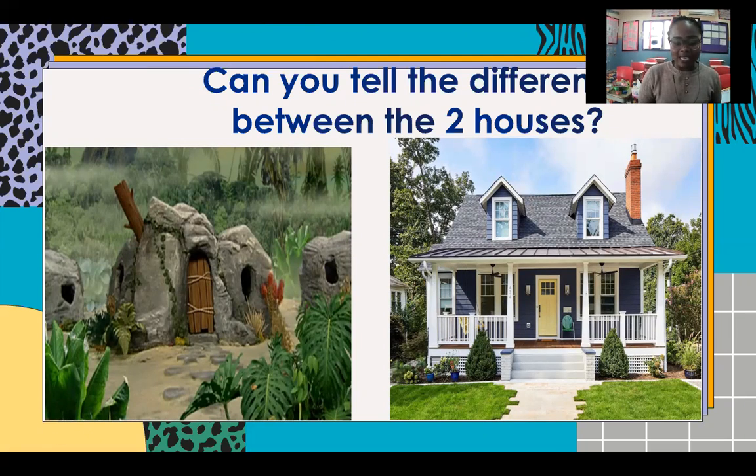Early men lived in this cave here. And now, this is our modern house, the houses where we live now. So the difference between the two is that this was in the ancient days, and this is in the modern days.